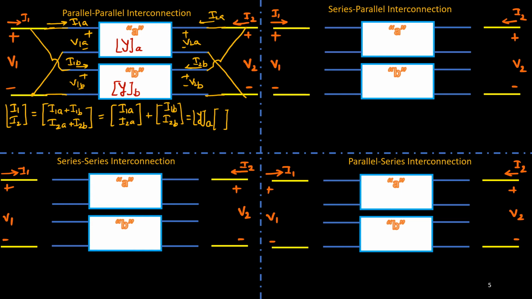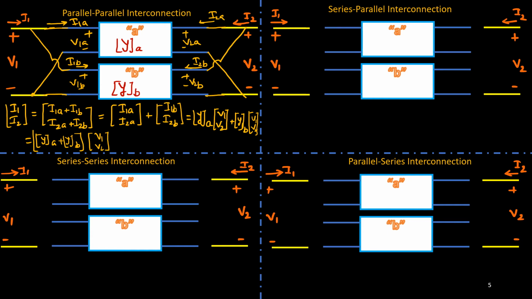So I write only V1 and V2. Similarly, this one, YB times V1, V2. So we can combine these two together. This is the same as simply YA, YB, this total multiplied by V1, V2.